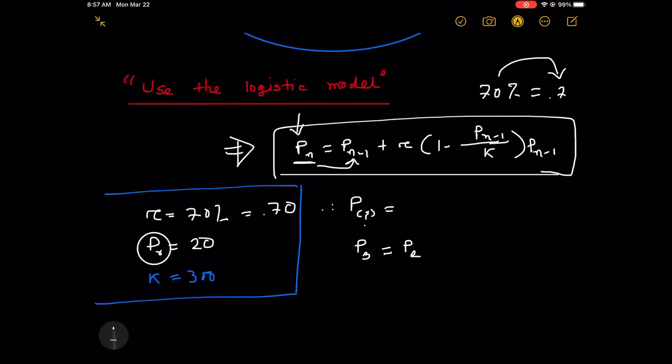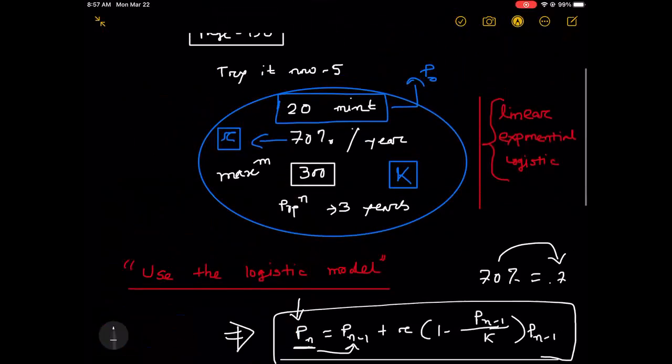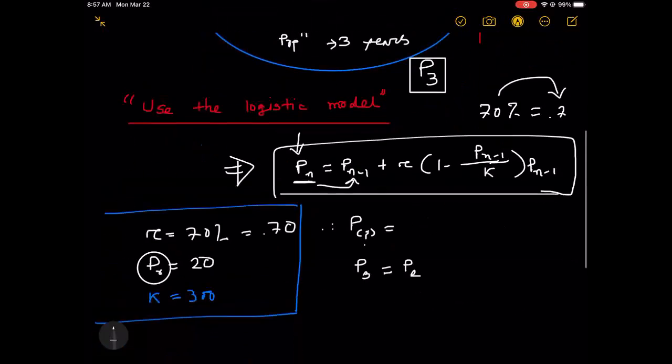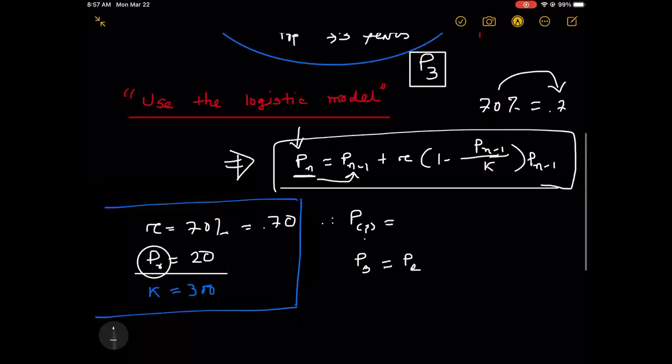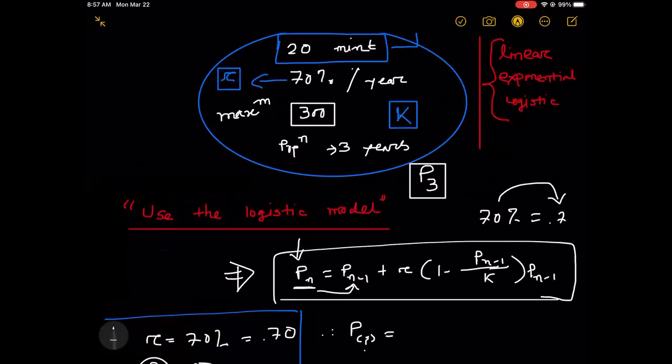Oh, no, never mind. I was thinking of something else. So again, the question says find the next 3 years' population. It doesn't say to find exactly P3. So we would use P1. Exactly. So we already have P0, and the question says find the next 3 years. That means we are looking for P1, P2, and P3.